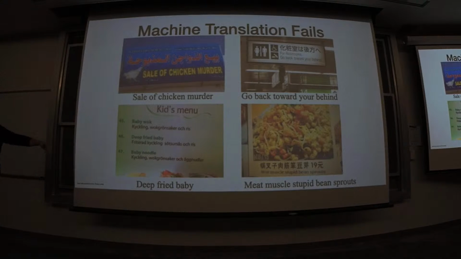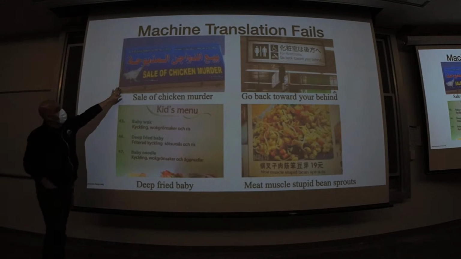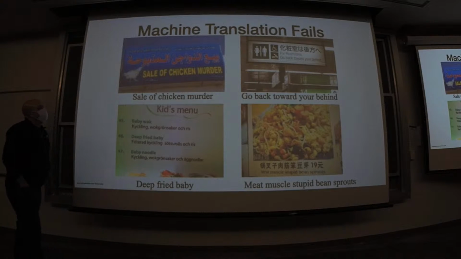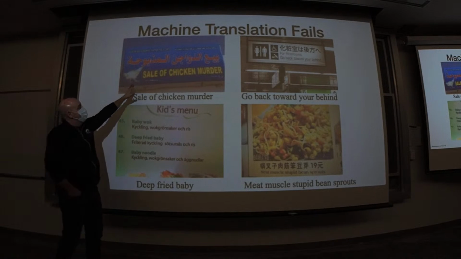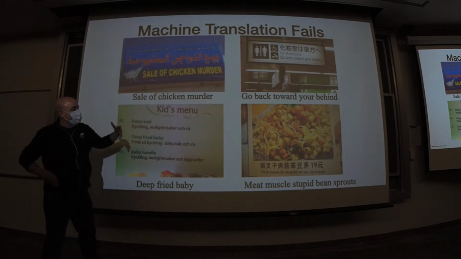I don't know what this is right here. This probably was something like, we're not selling you live chickens, we're selling you chickens to eat, but somehow the translation says your sale of chicken worth, right?